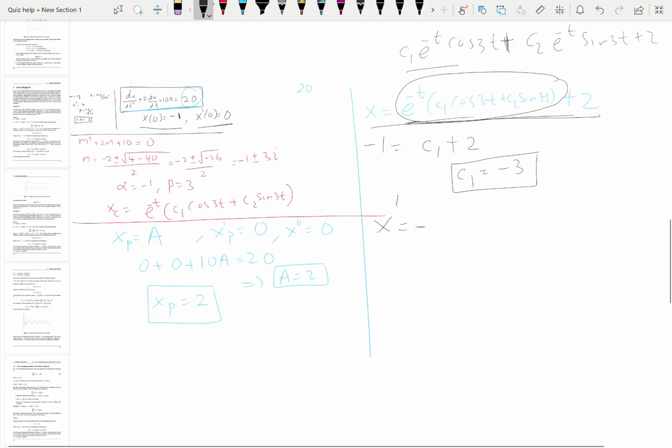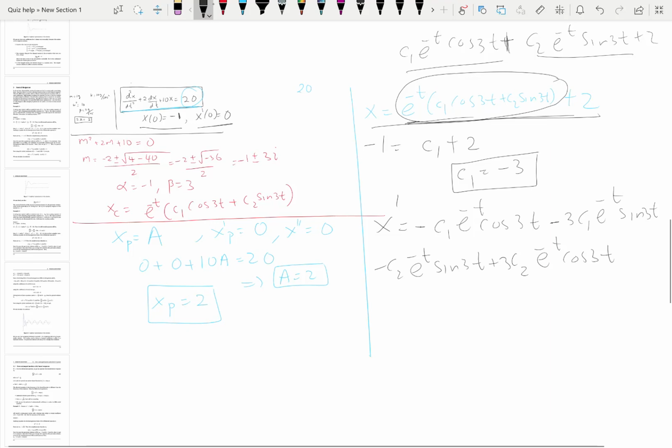If you apply the product rule here, negative C1 e to the -t cosine 3t. Now you differentiate cosine, which gives -3 C1 e to the -t sine 3t. Here, if you apply the product rule, negative C2 e to the -t sine 3t plus 3C2 e to the -t cosine 3t. If you differentiate 2, that's 0.